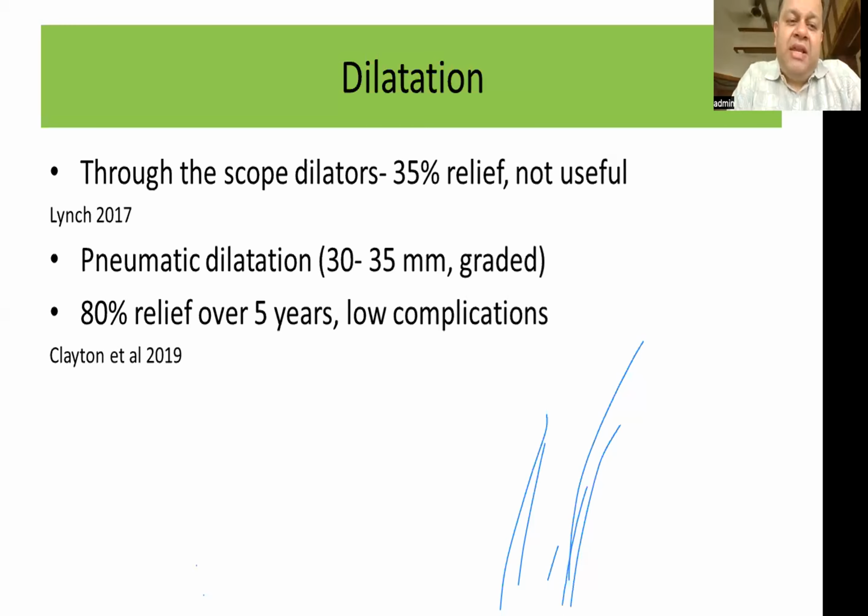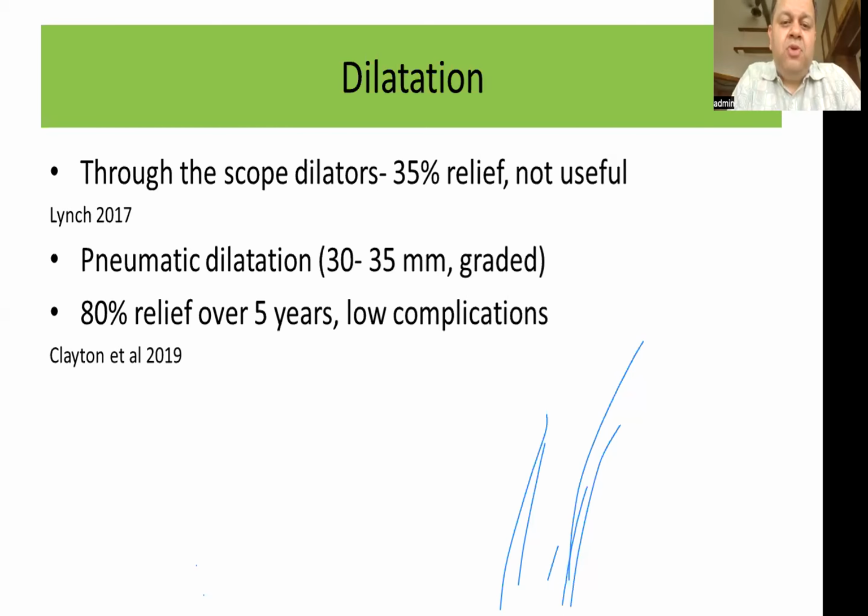Next, we come to dilatation, which can be done using through-the-scope dilators or pneumatic dilatation. Now, through-the-scope dilators have been used in some patients, but not found to be very useful. The response rate is around 30 to 35%. Pneumatic dilatation, like the one that is used in achalasia cardia, we go for a graded response where we start dilating initially with 30, and if there is poor response, then we go up to 35 ml.